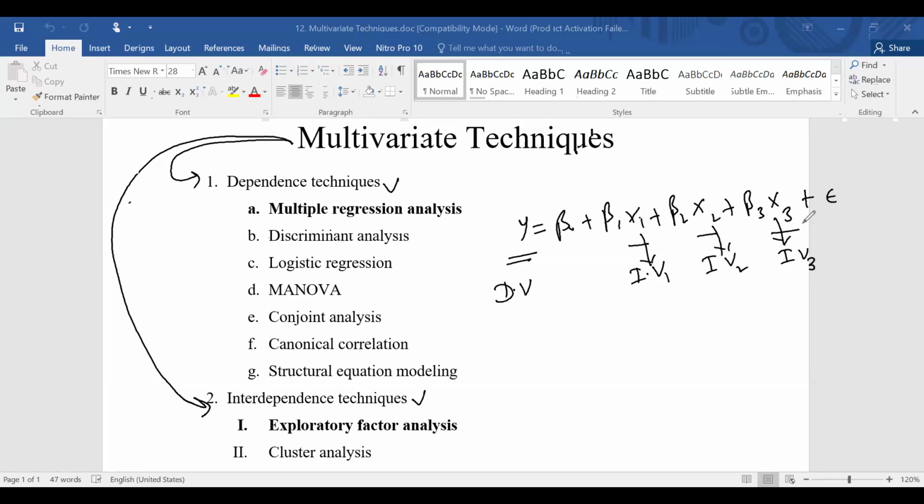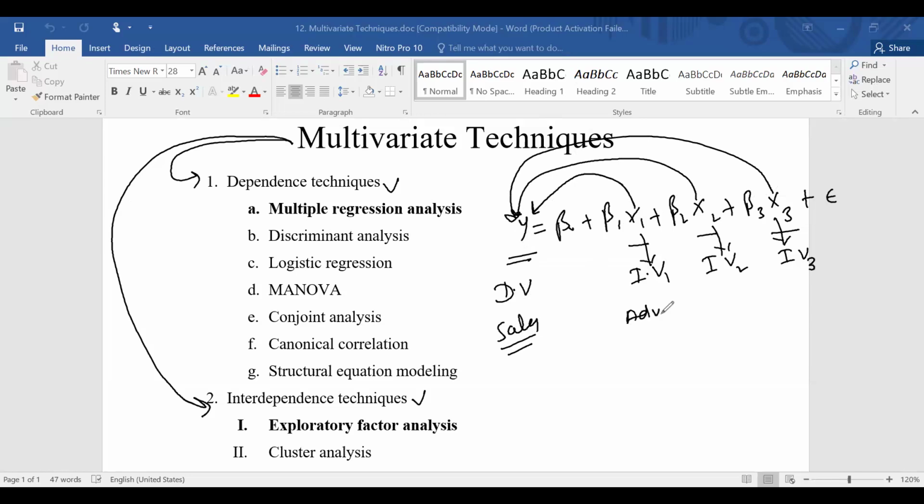In a dependence technique, our purpose is to find out the impact of several independent variables on the outcome variable. Dependent variable, that is sales; independent variable advertising expenses; independent variable discount; independent variable quantity.